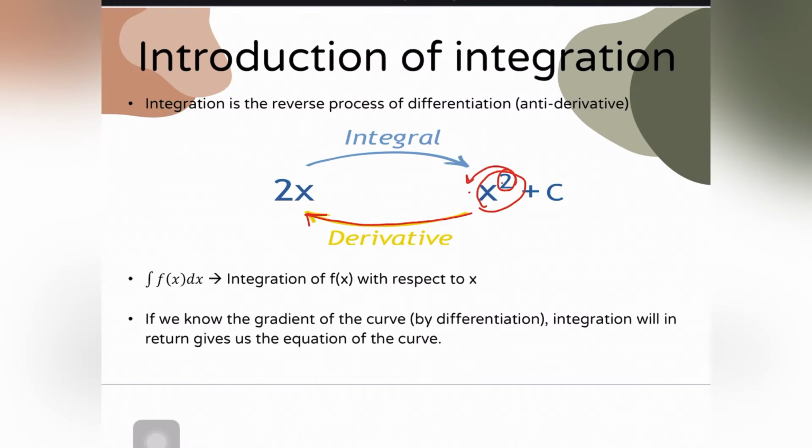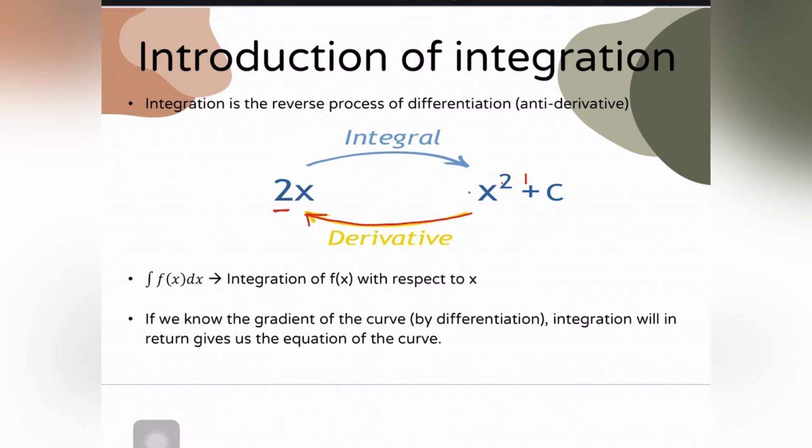So 2 multiplied by 1, you will get 2. And the power of x will be minus 1. So 2 minus 1, you have x to the power of 1. That's why from x squared, after the process of differentiation, you will get 2x.